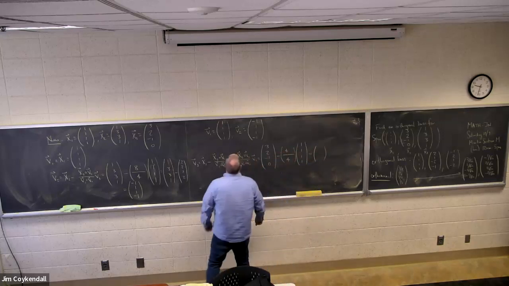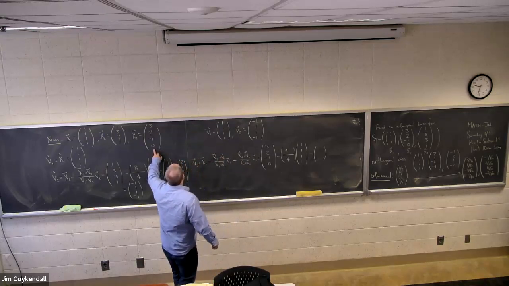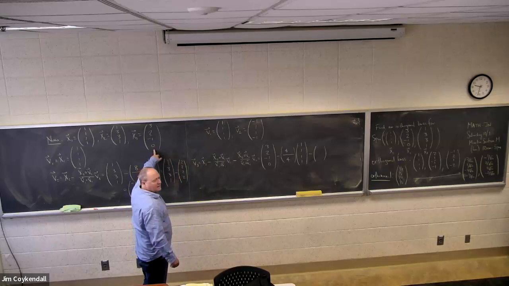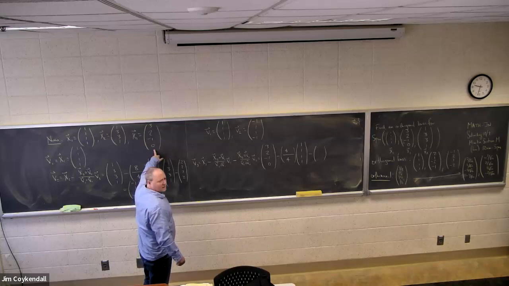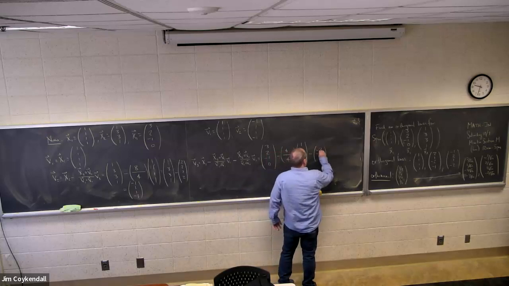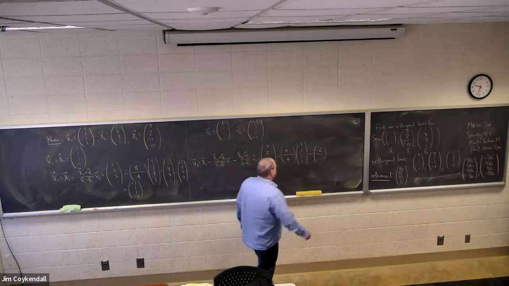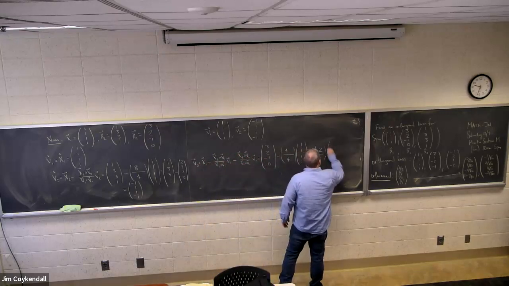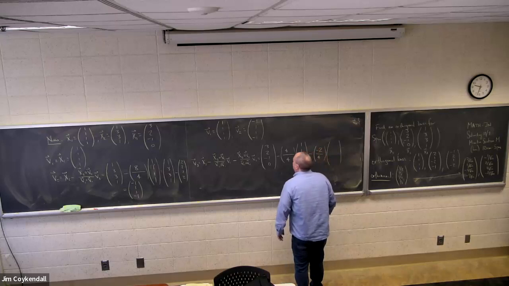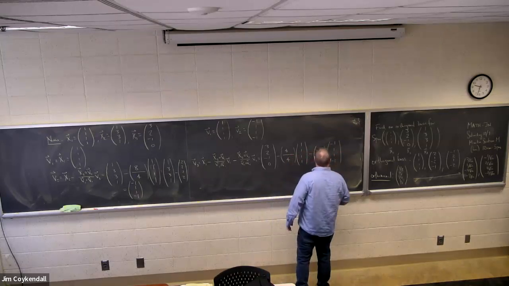Okay, X3 dotted with V2. So what's that? It's minus 2, right? And V2 dotted with itself, 4. And V2 is minus 1, 1, 1, minus 1.